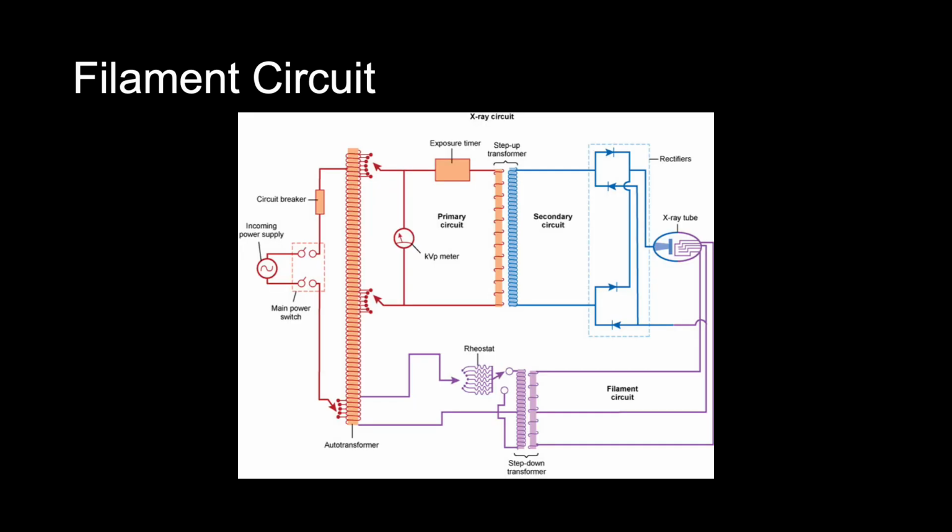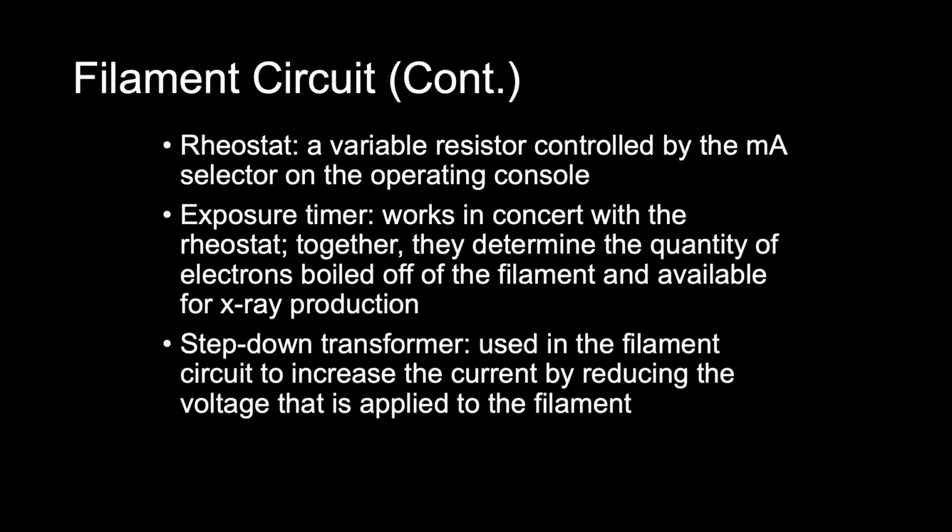Now in the purple highlighted here, this is the filament circuit, and these are all the components of the filament circuit that we will talk about in the next slide. The filament circuit begins with the rheostat. The rheostat is a variable resistor controlled by the MA selector on the operating console.